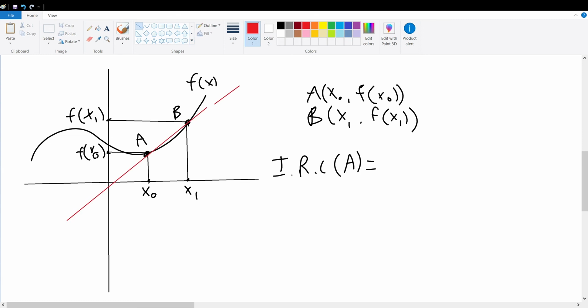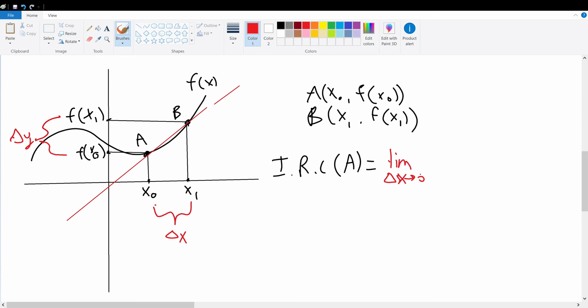And the slope of this red line will be our average rate of change between points A and B. If I define this distance to be delta x, the change in x, and this distance between f of x1 and f of x0 to be delta y, representing the change in y, then take the limit of when delta x infinitely approaches 0.